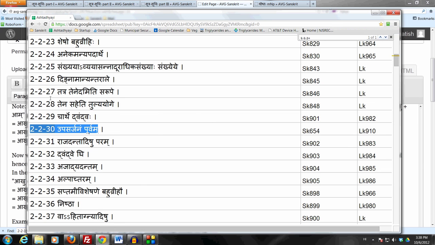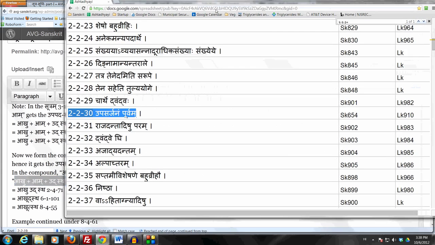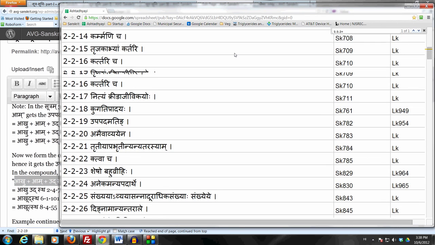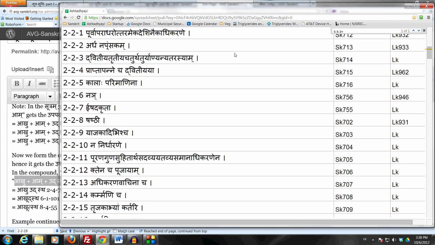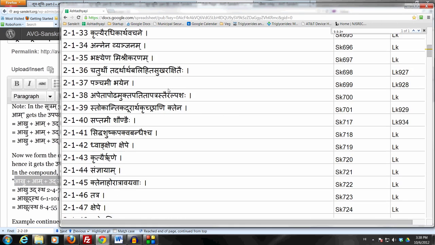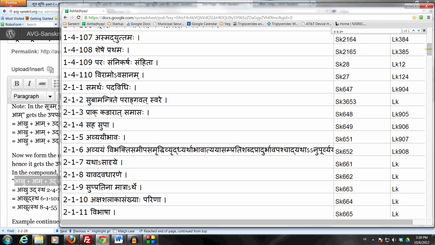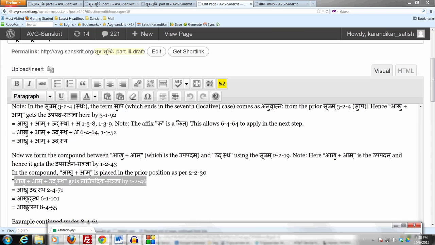Now it gets the pratipadika sanjna by krit taddhita samasascha, because this is a samasaha, because we use the sutram 2219, which is the adhikara of samasaha. And now we remove the am affix by 2471, supo dhatupratipadikayoho. Now the remaining part is to do the sandhi karyam.